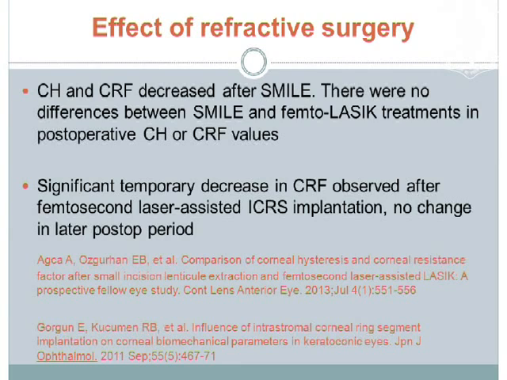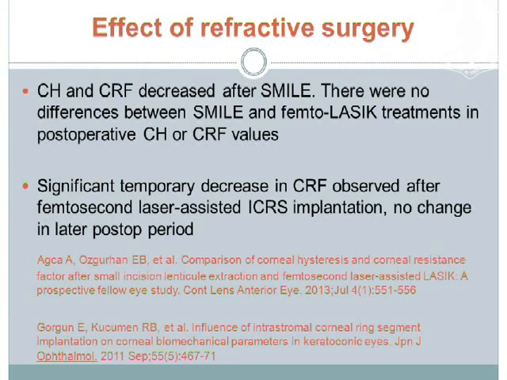Basically, the decrease in the CH and CRF may not be only because of the cornea becoming thin in LASIK, but because of the creation of the flap. So in SMILE, CH and CRF did reduce, but there was no difference between SMILE and femto-LASIK according to one of the studies. As far as Intacs is concerned, there was a temporary decrease in the CRF which was observed.